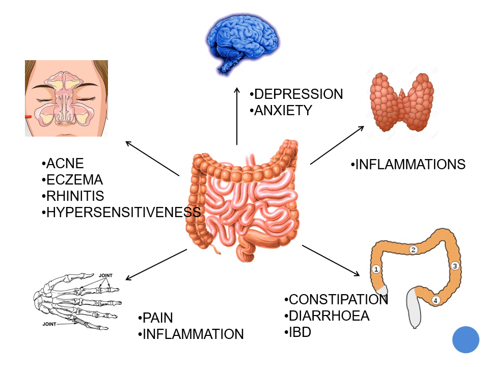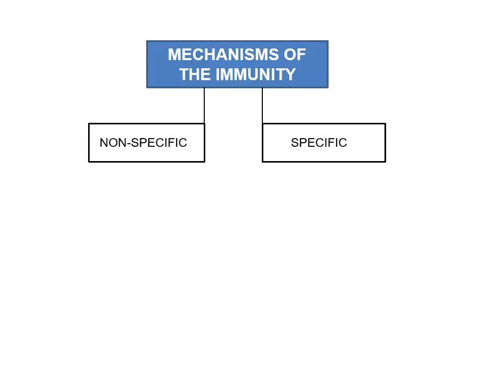If the gastrointestinal tract is affected, there is constipation, diarrhea, IBD, pain, inflammation in the joints, or in the case of breathing pathways, acne, eczema, rhinitis, and hypersensitiveness are affected.